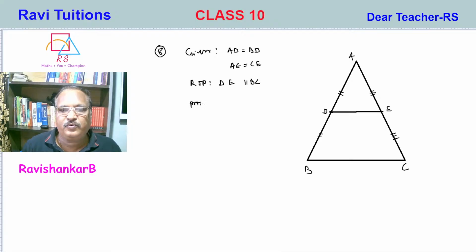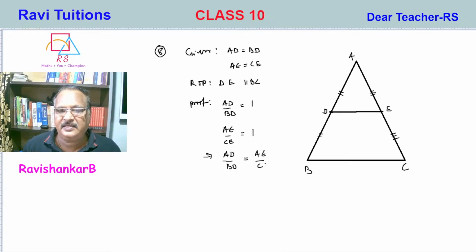Now proof. What is proof? Now AD by BD is equal to 1 because they are equal parts. In the same way, AE by CE is also equal to 1 because they are equal. So from the above two equations, we get AD by BD is equal to AE by CE.